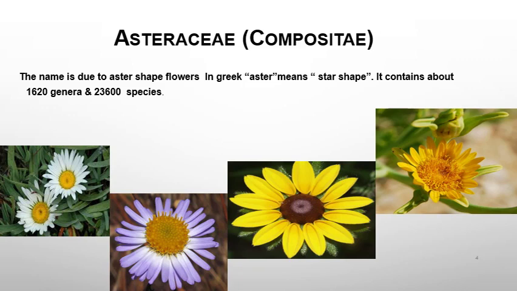So this name is due to the star shape of the flower. It contains almost 1620 genera and 23,600 species.